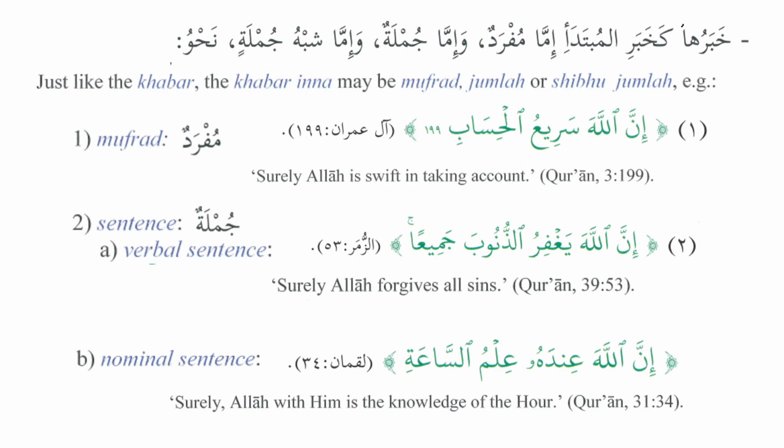Ha refers to inna and the akhawatu inna. Khabaruha ka khabar al mubtada'i imma mufradun, so its khabar can be mufrad, a singular noun, wa imma jumlatun, it can be a sentence, wa imma shibhu jumlatin, and it can be a shibhu jumla.